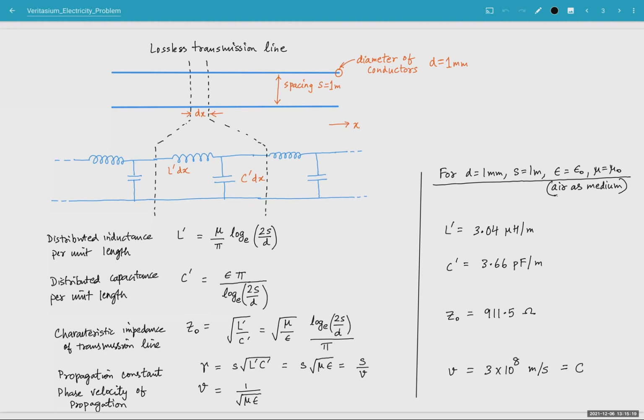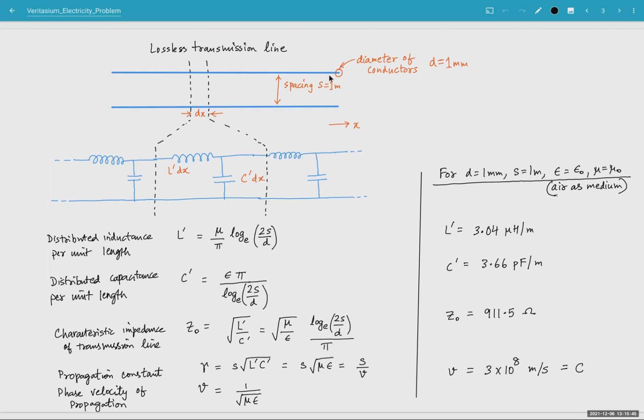And in this case, L prime and C prime, as listed here, are inductance per unit length and capacitance per unit length. And actually, they can be calculated accurately with these formulae. It's a standard formula. The only assumption here is that the diameter D, that's the diameter of the conductors, is much smaller than the spacing.